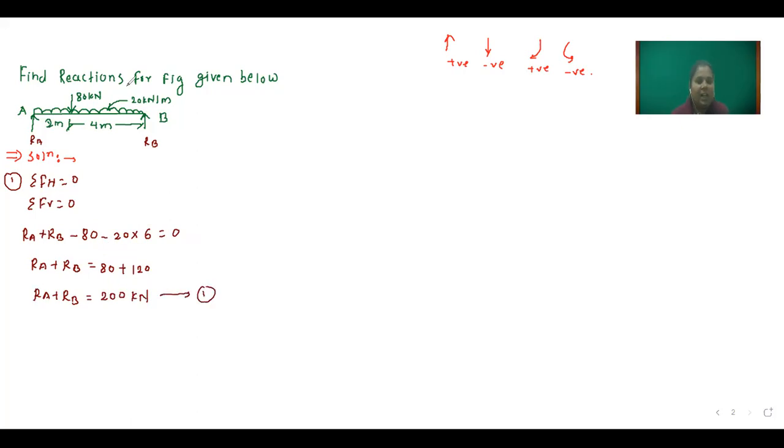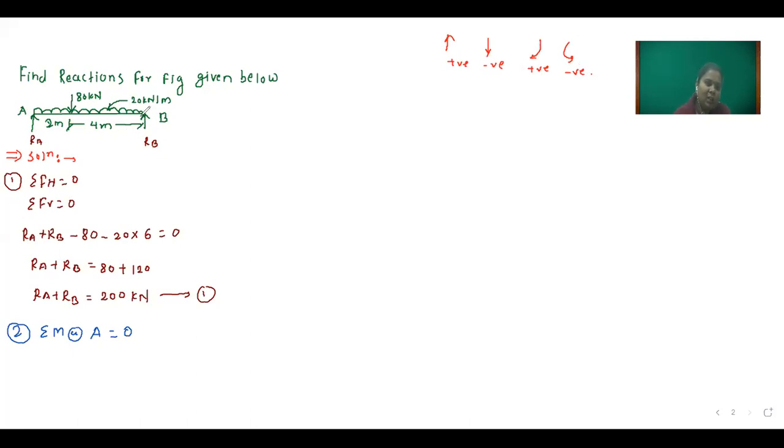Then the next step: we will apply summation of moment at a point equal to 0. The second condition is summation of moment at any point. Either you take moment at point A or point B. So we will take it at A: summation of moment at A equal to 0. Clockwise moment is positive and anti-clockwise moment negative.